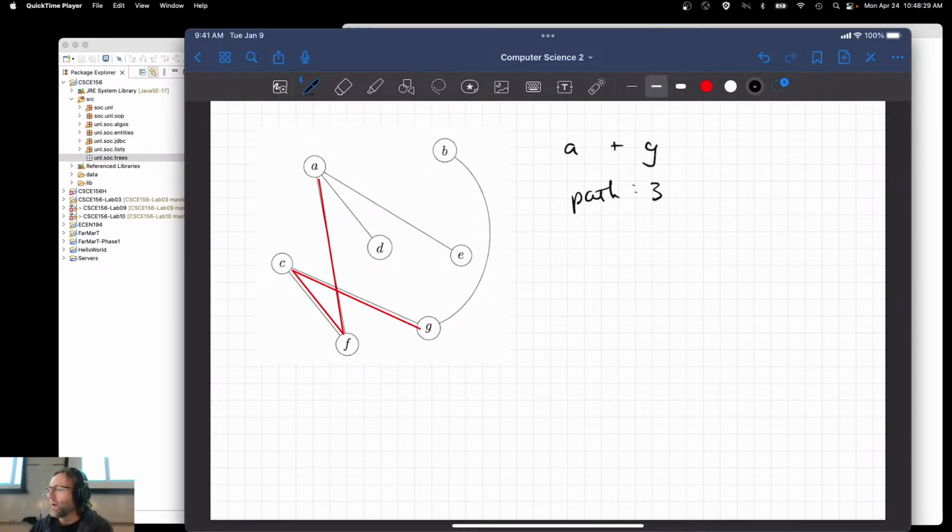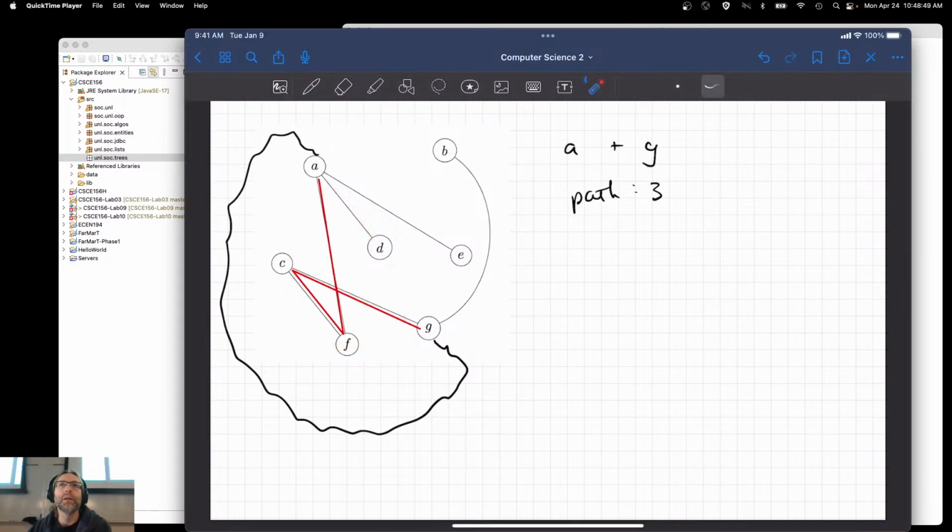Okay. Now, is there going to be another path from A to G? Remember, forwards, backwards, it's the same path. Is there going to be another one? Suppose there were. Suppose that there was this magic path here that went from A to G, independent of these edges over here. Tell me about this tree now.